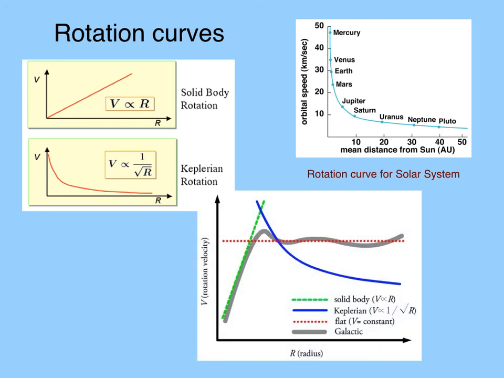But for a galaxy, the curve looks like the gray thick line in this image, which means it shows solid body-like rotation at small r's, and after that it shows a Keplerian-like rotation.